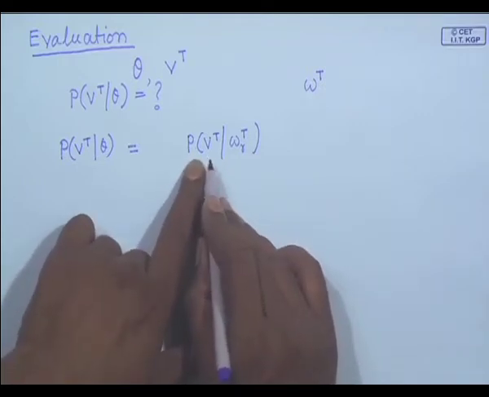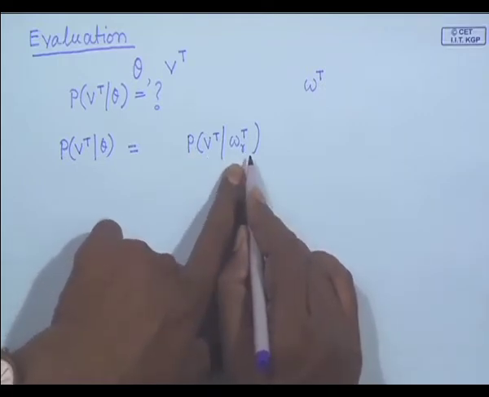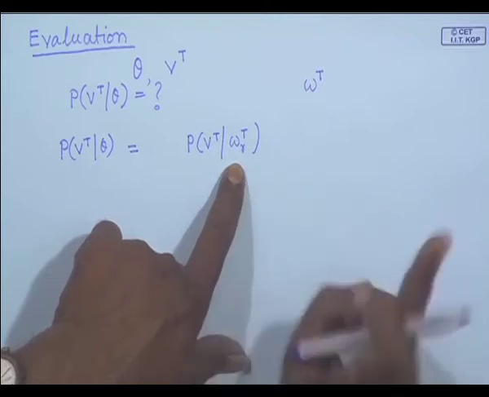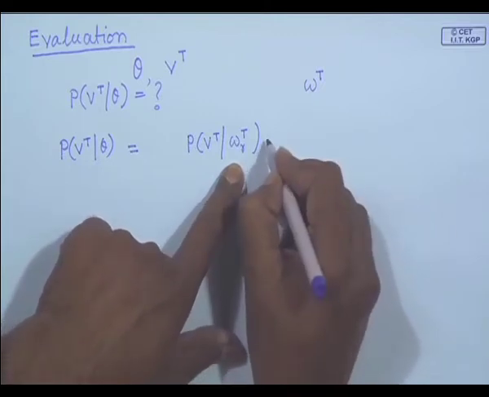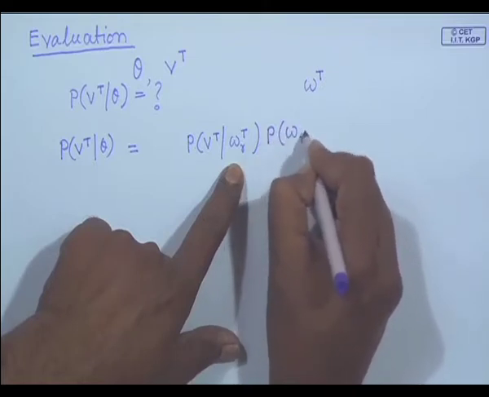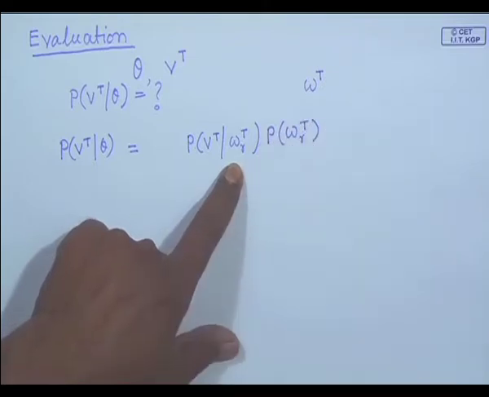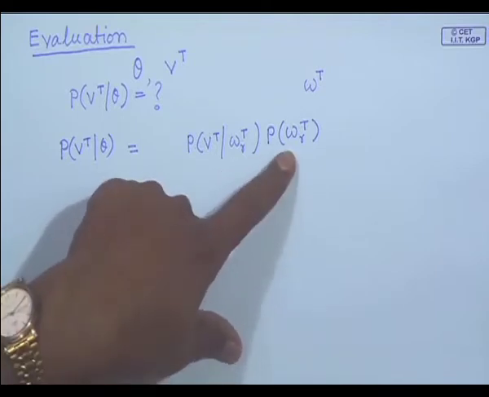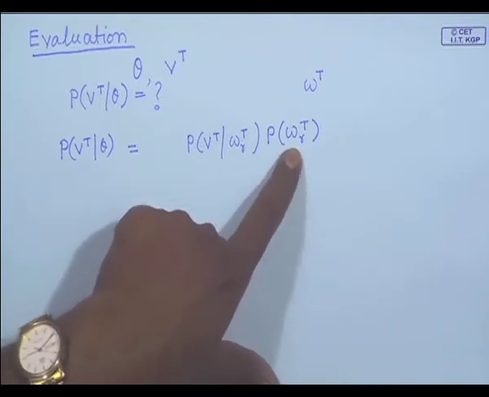So I find P(V^T | omega_r^T) for that sequence, which is to be multiplied by P(omega_r^T), that is, the probability that this r-th sequence occurs.